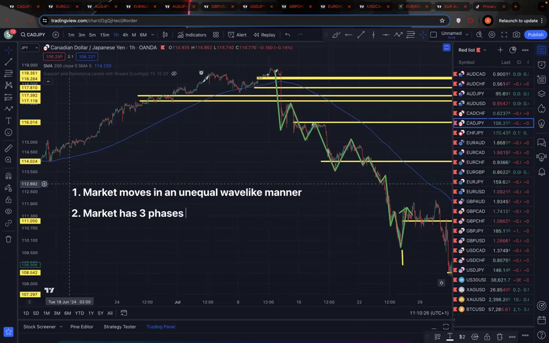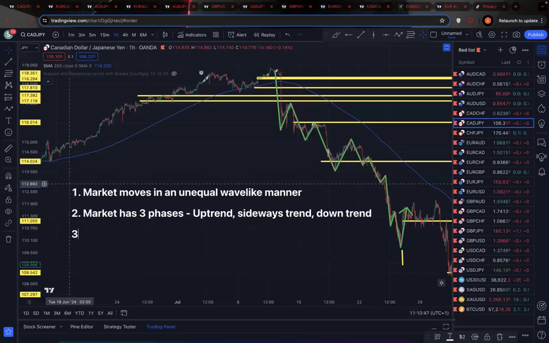The first one is your uptrend, when the market is going up, then the sideways trend, when the market is moving to the side, and the downtrend.